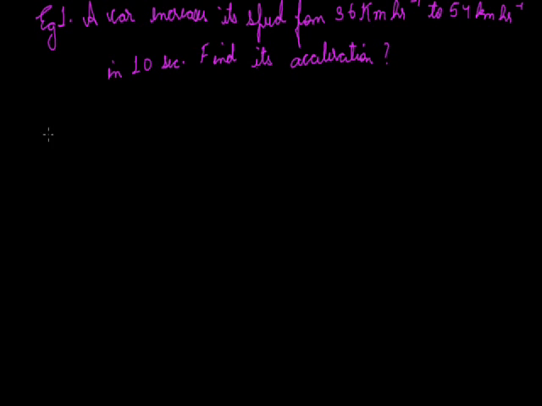So its initial velocity, that is u, is equal to 36 km per hour. Its final velocity, that is v, is equal to 54 km per hour. And the change which is taking place is in time t, that is equal to 10 seconds.